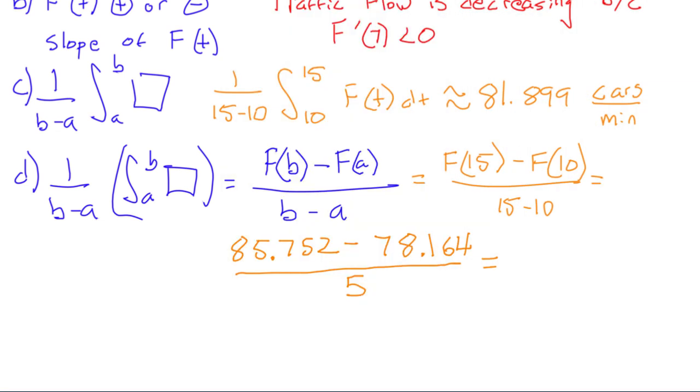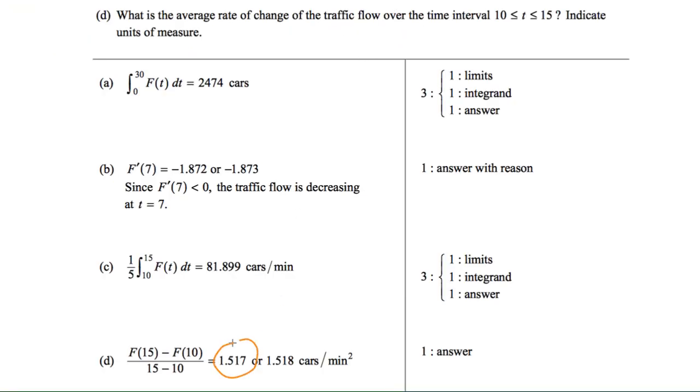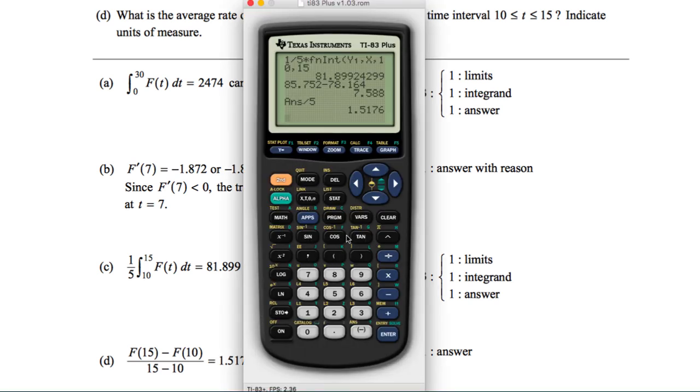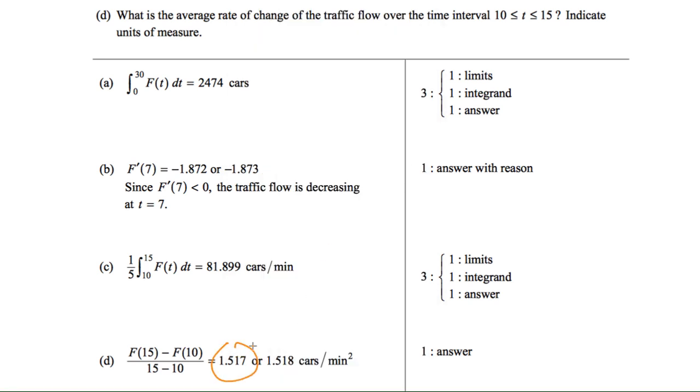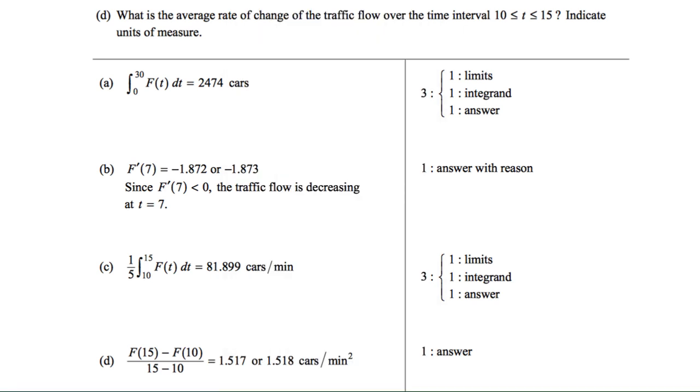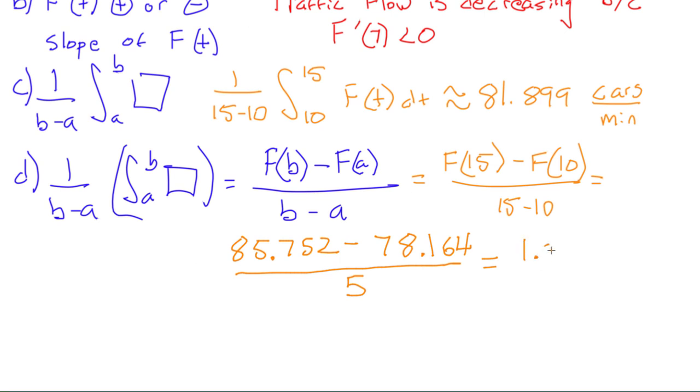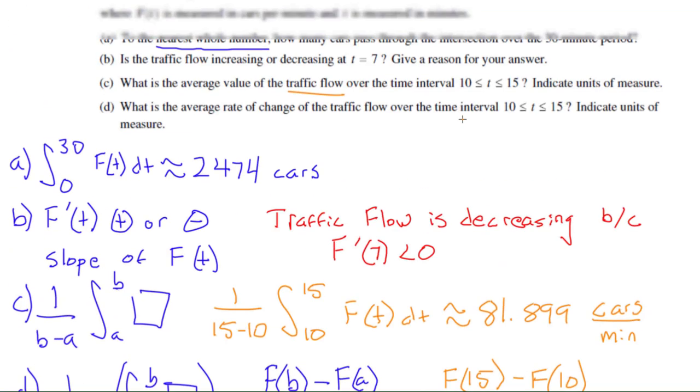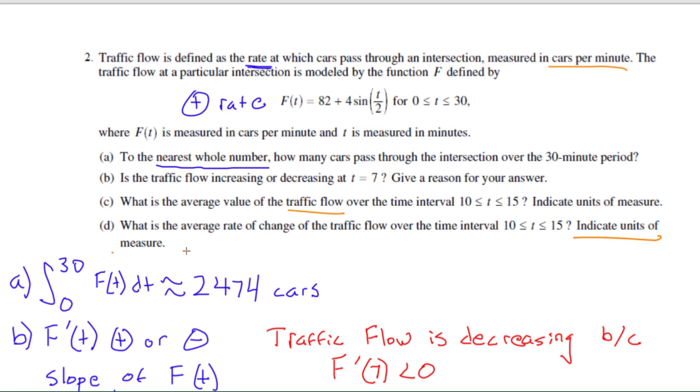I'd have to round, and 1.517, that is what I am looking for. I guess I could do 1.518 also if I round up. And it does say indicate units of measure.